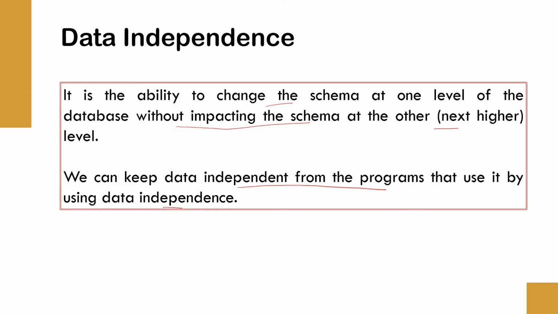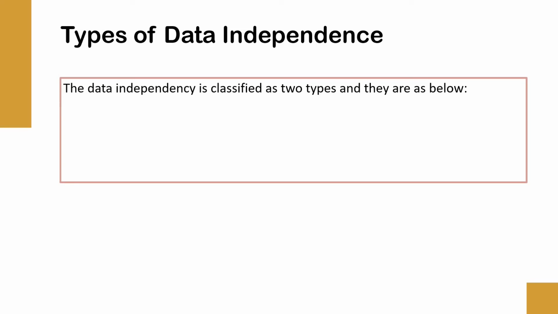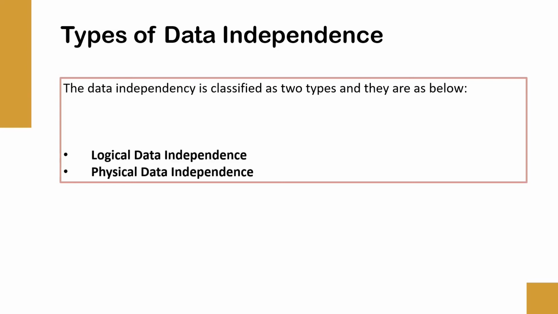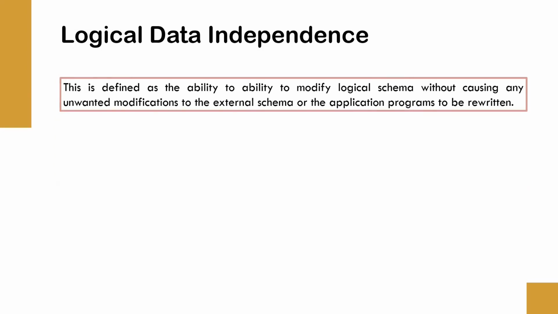Okay. Now, data independence is manifested in two ways. One is called logical data independence, and the other is called physical data independence. Now, let's understand what logical data independence is.